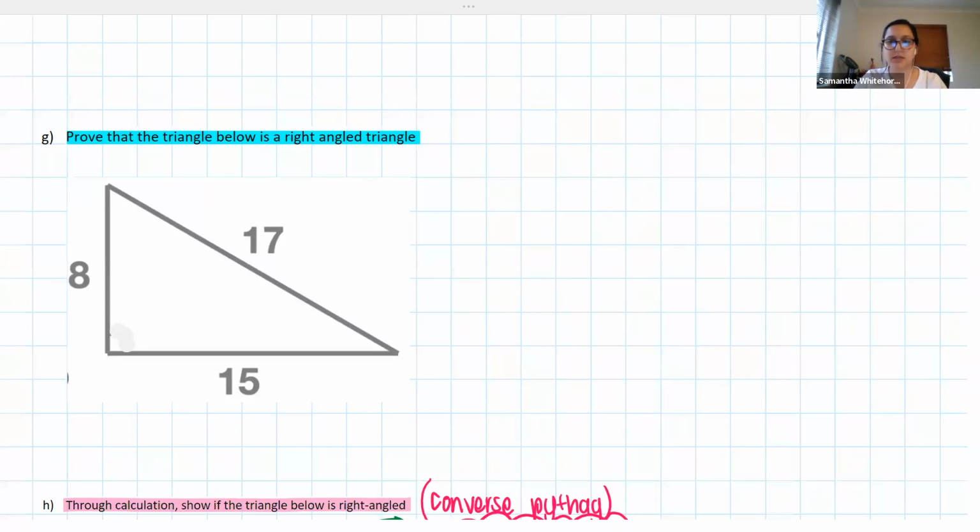Okay, let's keep those answers coming. Remember, the whole point is to prove that the left is equal to the right. If it is, it's right angled. If it's not, it's not right angled.